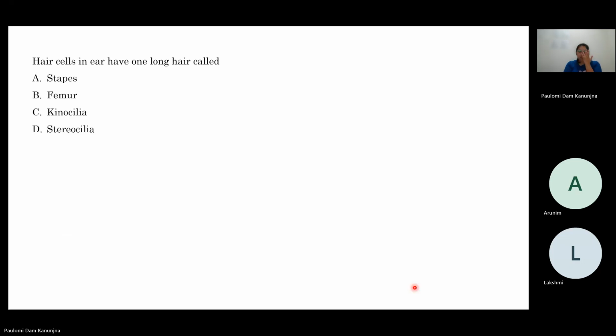Now, remember I told you two terms, kinocilia and stereocilia. So the next two questions are for the differentiation of that. If you have hair cells in ear which have one long hair, which type of hair cell is that?